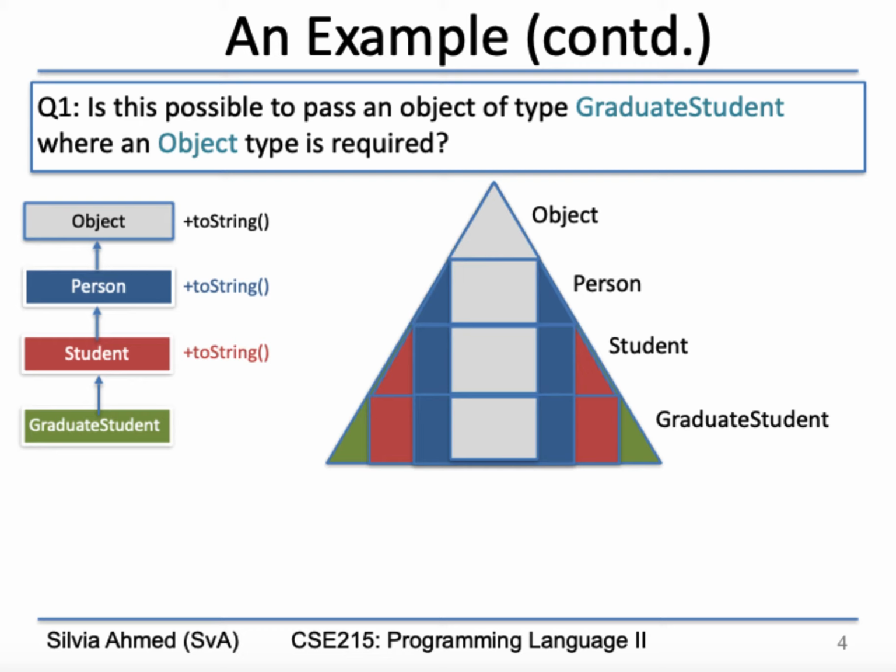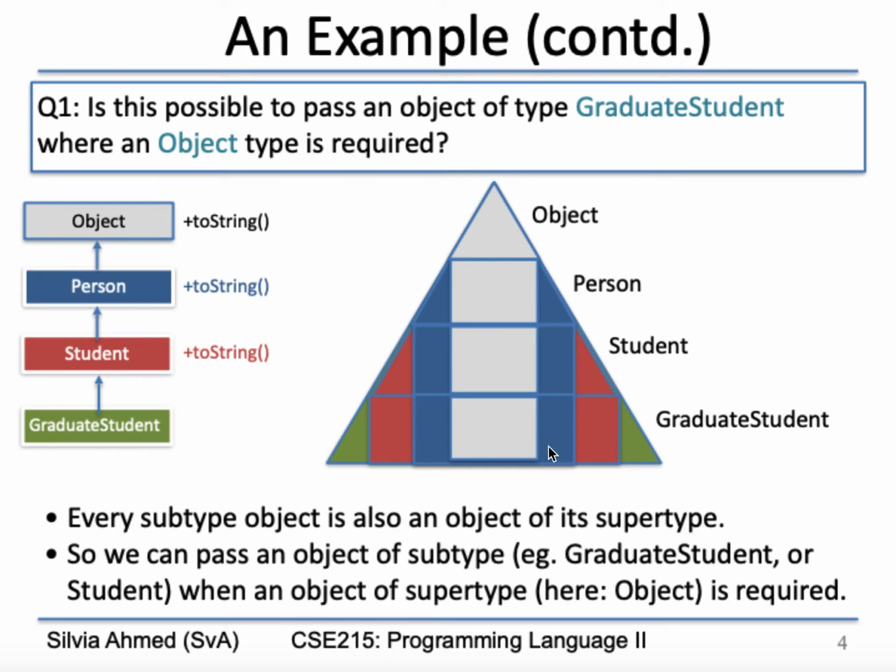In conclusion, we can say that every subtype of Object is also an object of its supertype. For example, GraduateStudent has everything that is needed for Object in itself. So we can pass an object of a subtype, for example a GraduateStudent or Student, when an object of the supertype is required, because Student or GraduateStudent possess all the necessary information for the Object class inside them.